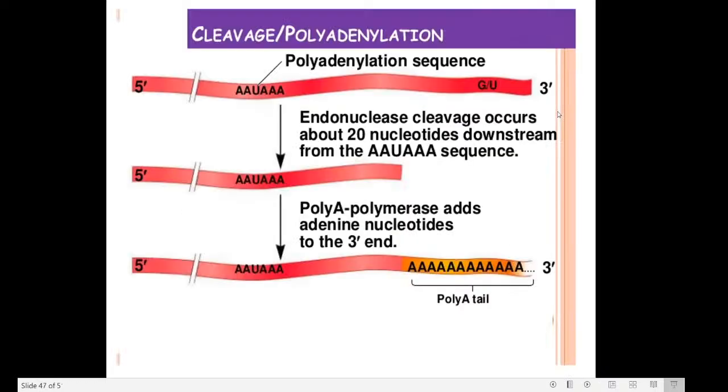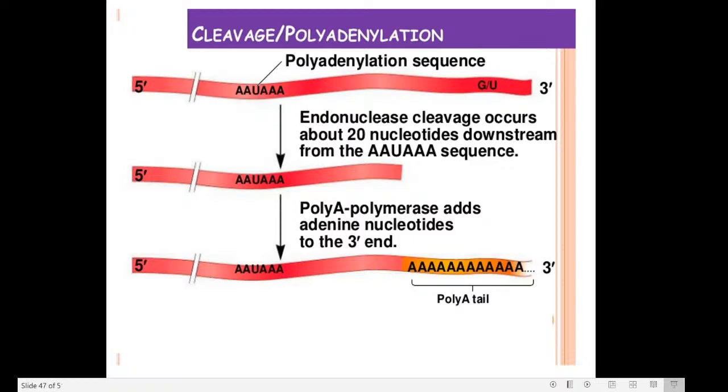Another concept is polyadenylation or cleavage, the final concept in RNA processing. In the polyadenylation sequence, there is a sequence where endonuclease enzymes cleave 20 nucleotides downstream from that particular AAUAAA sequence.